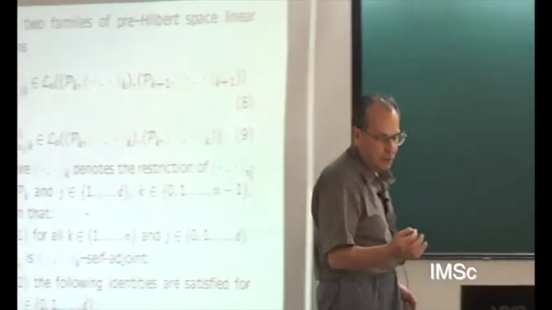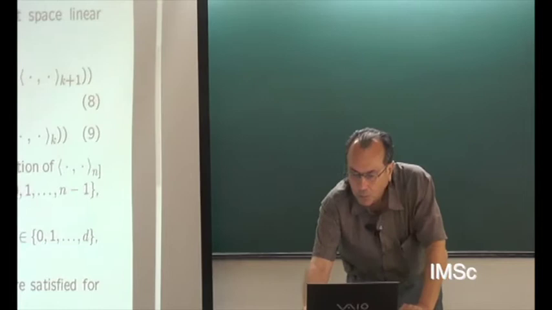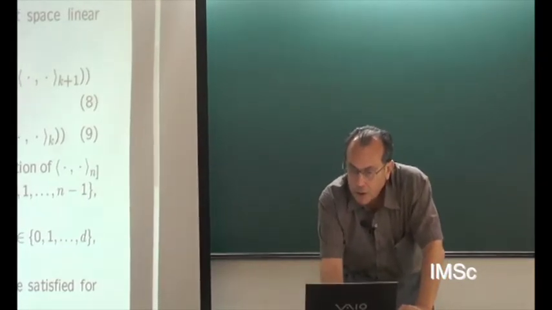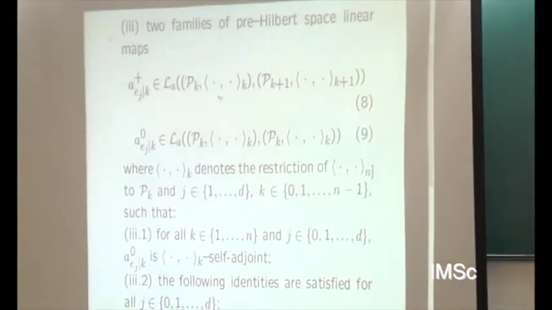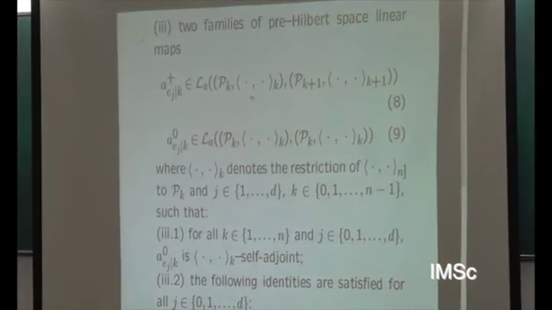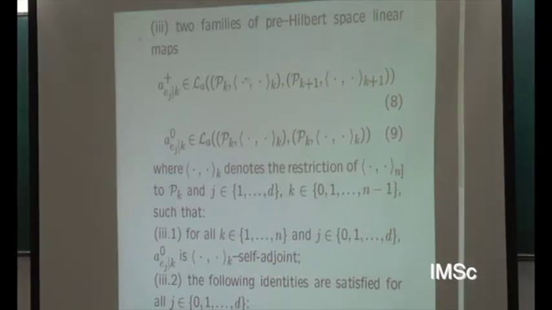So in this definition, we see that the third part is very important: we need to have the creator and the preservator for each k. But pay attention, when I use this notation, I am emphasizing that these are pre-Hilbert space operators.